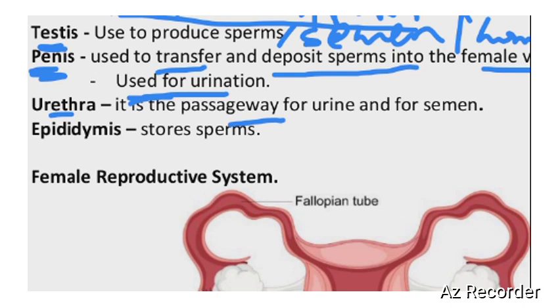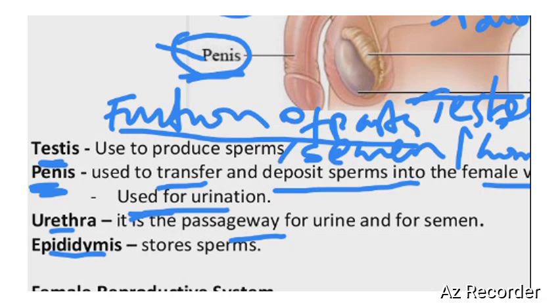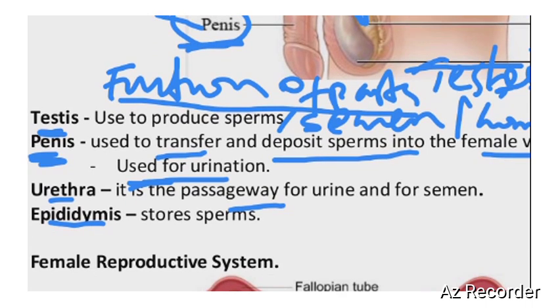So from there we go to the epididymis, which is attached on the testes here. Its main function is that it's used to store sperms. So those are the functions of the male reproductive system.